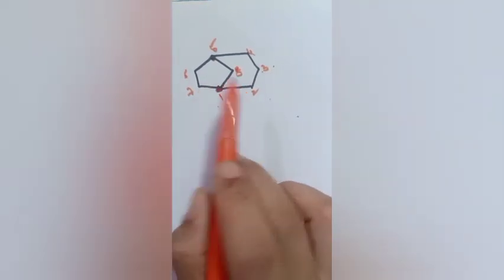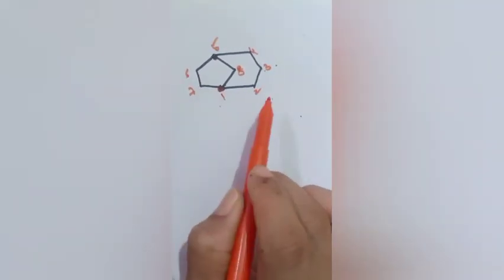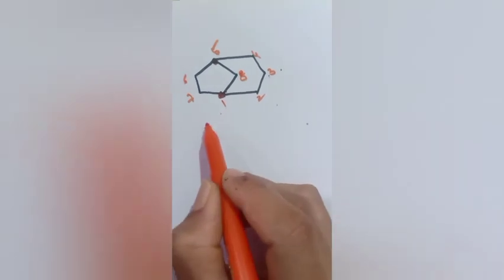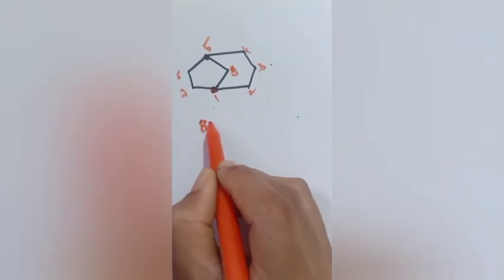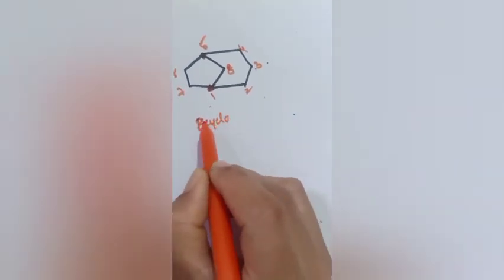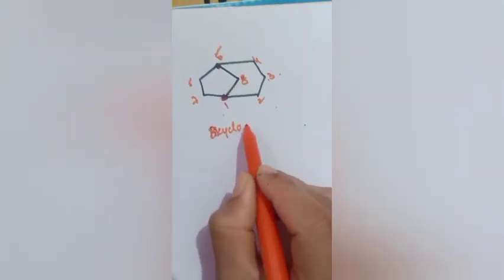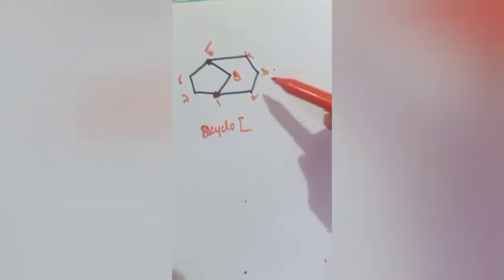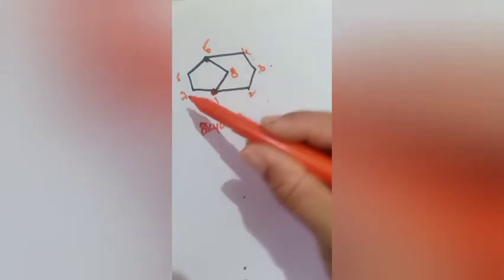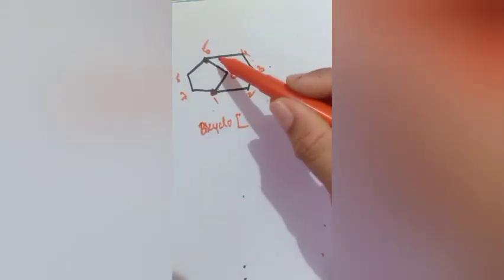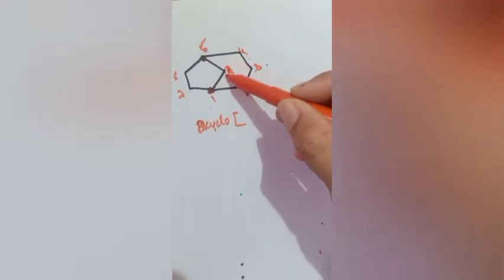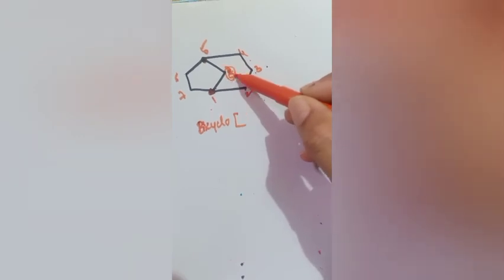We have to give numbering in decreasing order. So first we have to write bicyclo, then here 1, 2, 3, then 1, 2. Between them only 1 carbon atom is present, so this is 1.